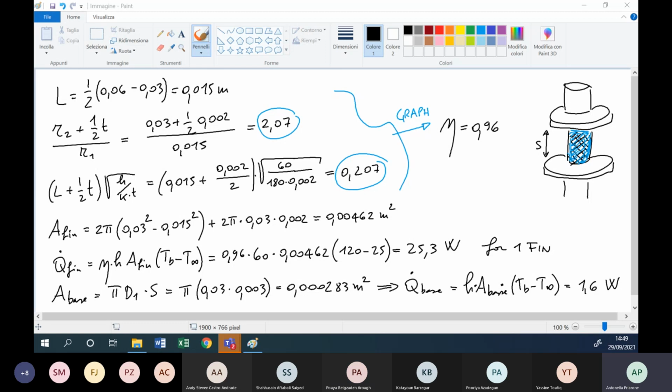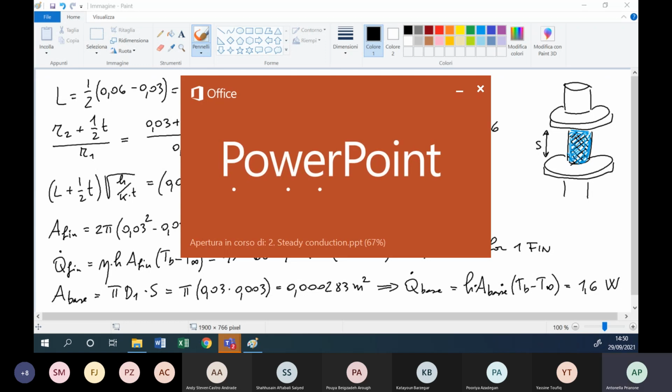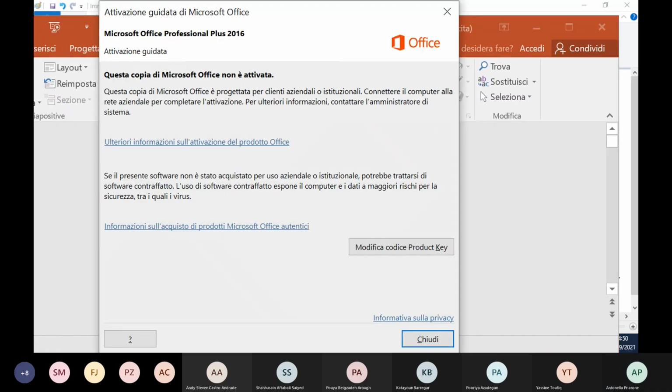The graph that you have to use is the graph that you have on the slides, not the graph I draw here. Wait, I have to show you which is the graph.